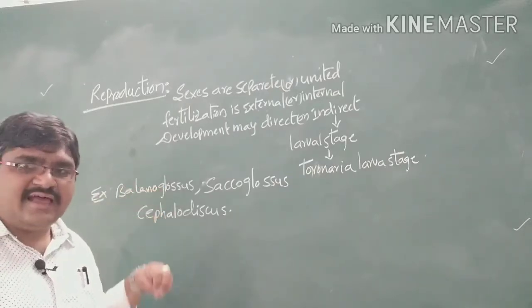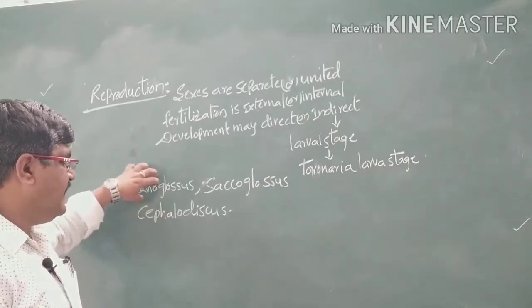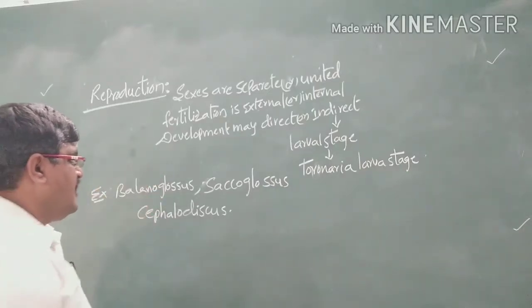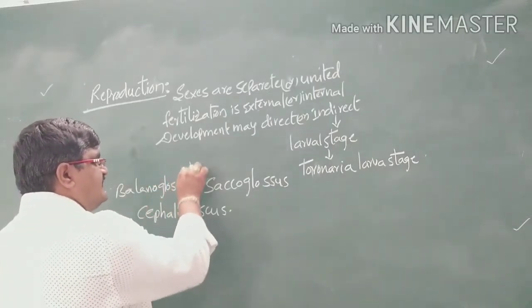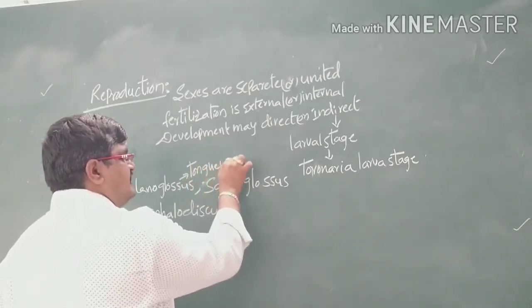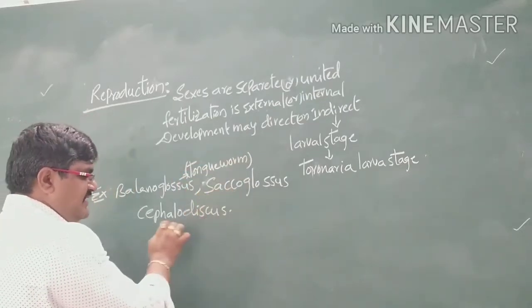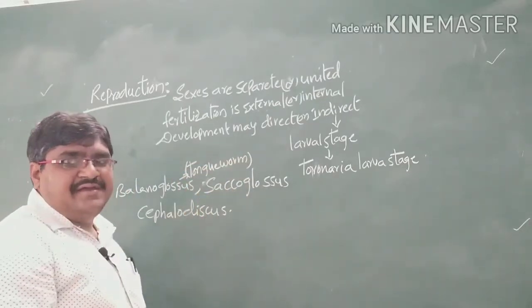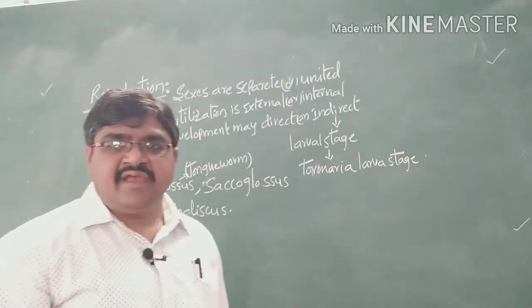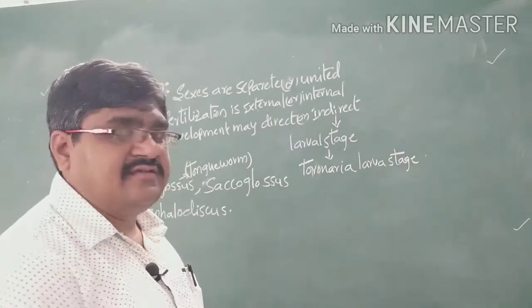Here there is only one class, that means classes are absent. The first example is Balanoglossus, otherwise called the tongue worm. The second one is Saccoglossus, and the third one is Cephalodiscus. These are the examples in the phylum Hemichordata.